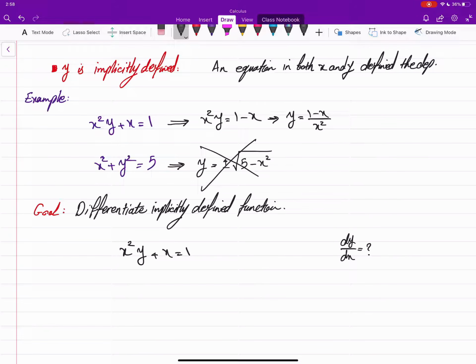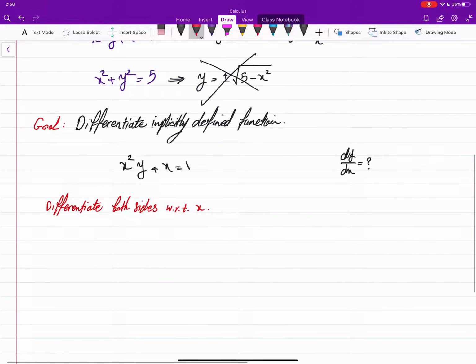What I suggest here is to differentiate both sides with respect to x. That means take d dx to the left side of the equation, and to the right side of the equation.